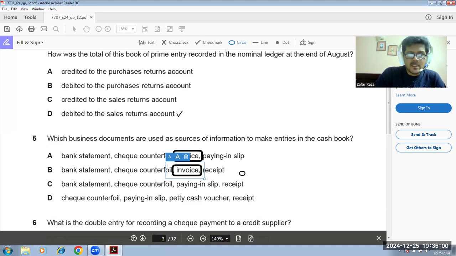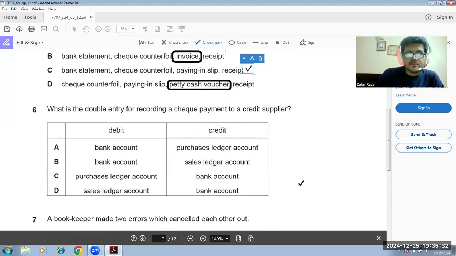Next, C: bank statement, check counterfoil, pay-in slip, receipt. Then check counterfoil, pay-in slip, petty cash voucher, cash. Here we have a petty cash voucher, which we do not include in the cash book. So D could not be the answer. Only C is the answer. These are the documents we use for making entries in the cash book.